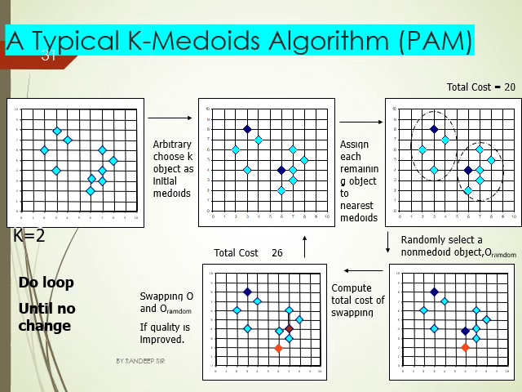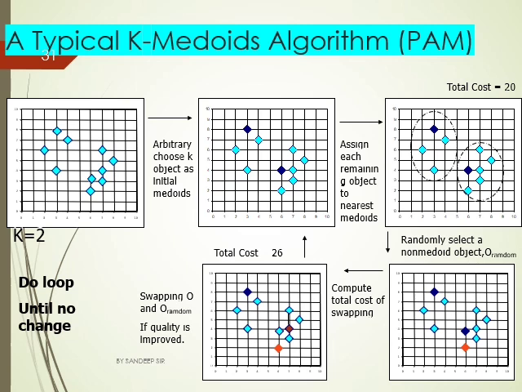You can see we have arbitrarily chosen objects as initial medoids, and then we have reallocated them. We have assigned each remaining object. After allocation of one point as a center, the other points are also reallocated based on the location of the middle point. So you can see we have first allocated this as the middle point, and now we have made the cluster out of it.